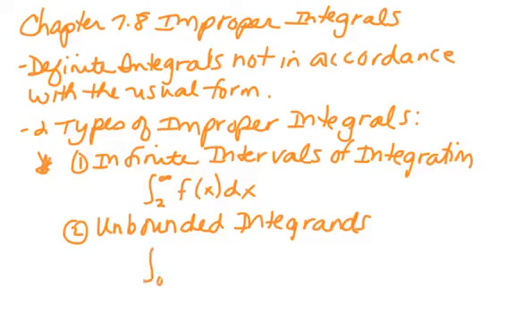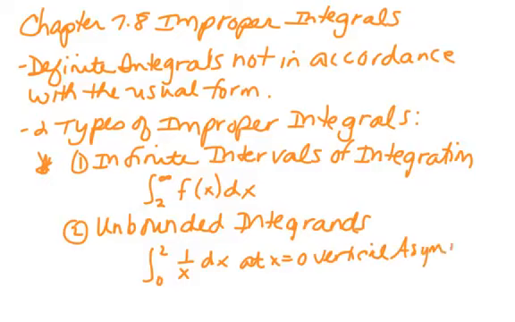For instance, somewhere on the interval of integration, the integrand is undefined. In this case, at x equals 0, we have a vertical asymptote. So we're going to concentrate on the first type in this video.